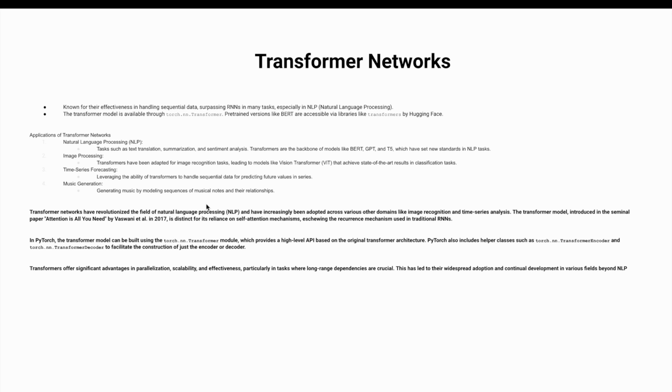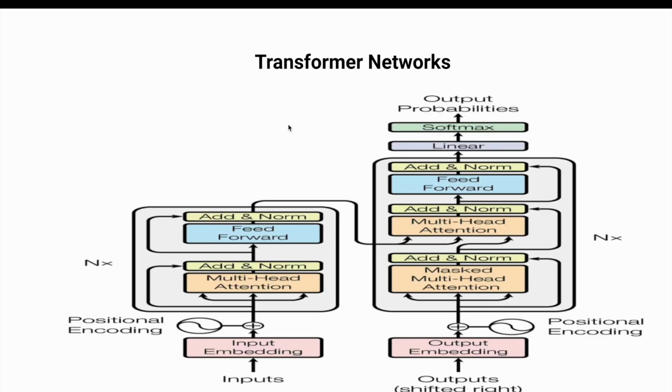So transformer networks, a very good example that I saw. I found this online on Google, transformer networks, and you can see this encoding and decoding and inputs, and then the process, and then they go to multi-head attention and output probabilities.